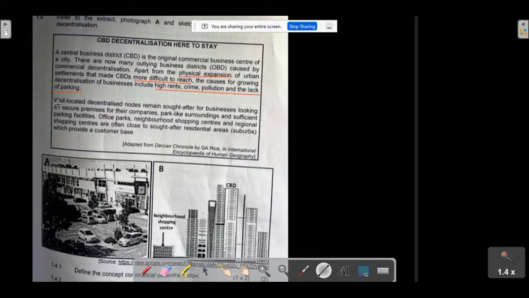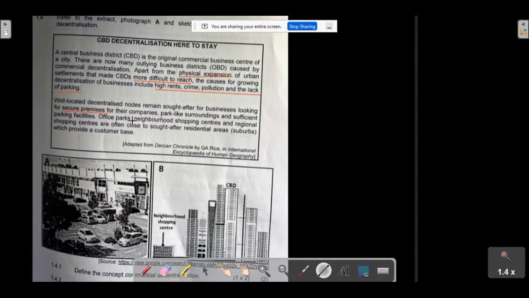And then, second paragraph: well located decentralized nodes remain sought after for businesses looking for secure premises for their companies. Secure, guys, because we talked about crime there. As a business, you don't want to operate in an area that has high crime, so that will badly affect your income, your goals.